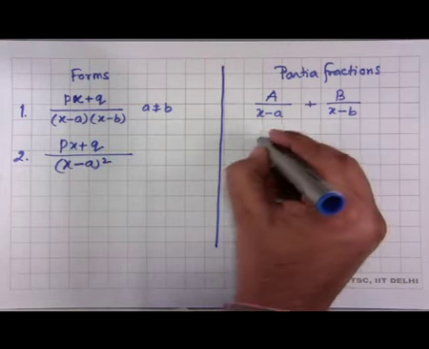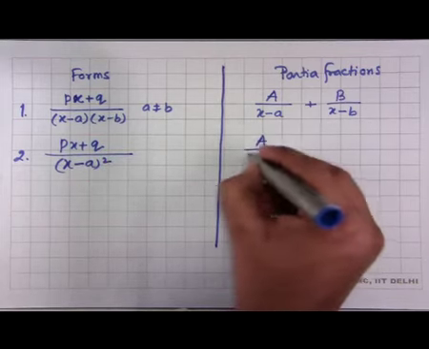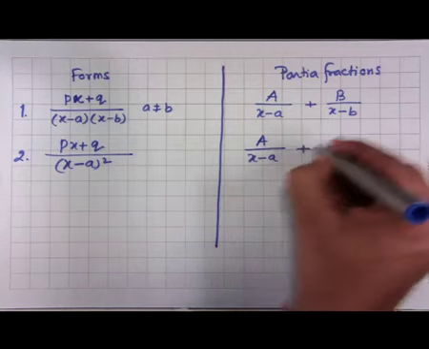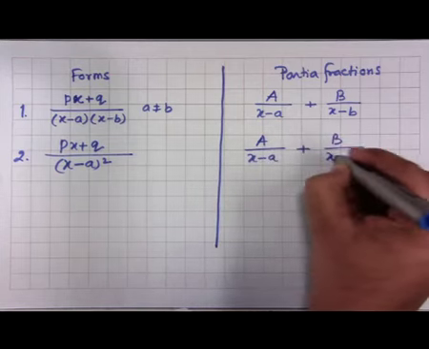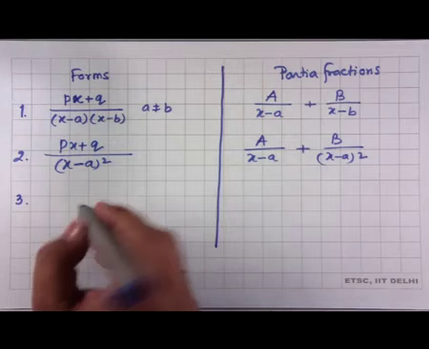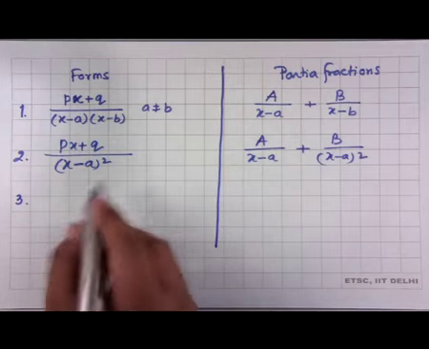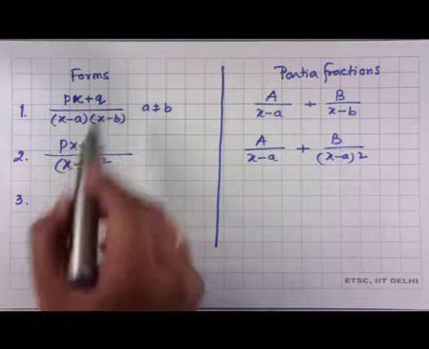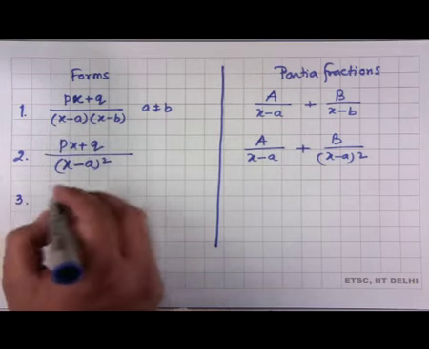In that case, the partial fraction is chosen as A upon x minus a plus B upon (x minus a) whole squared. So, these are the two cases for when the numerator is linear and the denominator is quadratic.